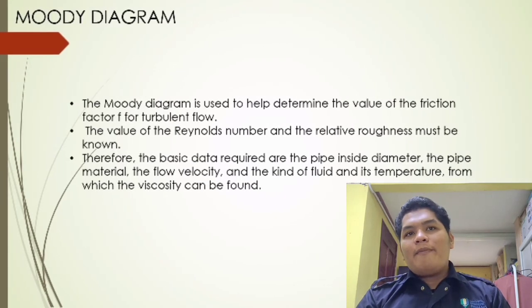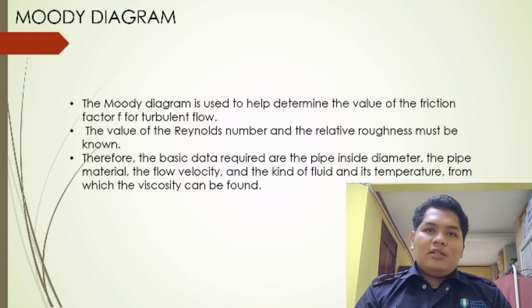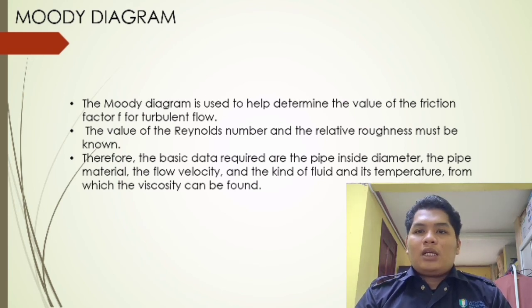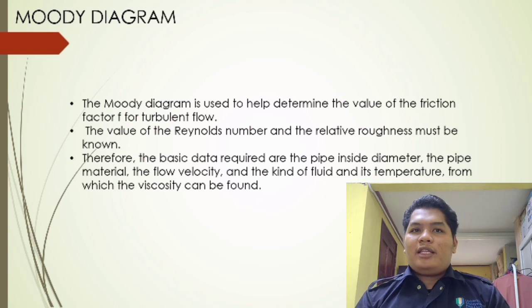The Moody diagram is used to help determine the value of the friction factor F for turbulent flow. The value of the Reynolds number and the relative roughness must be known because you need to use the value in the Moody diagram to find the friction factor.